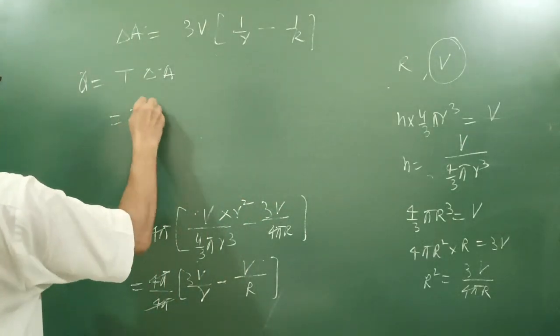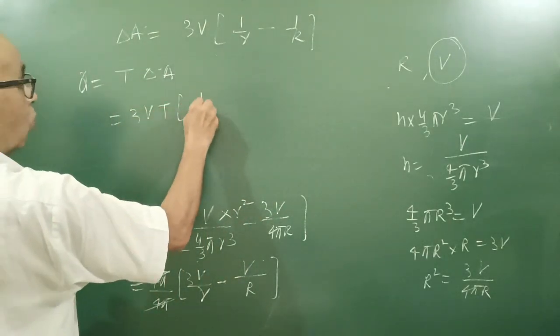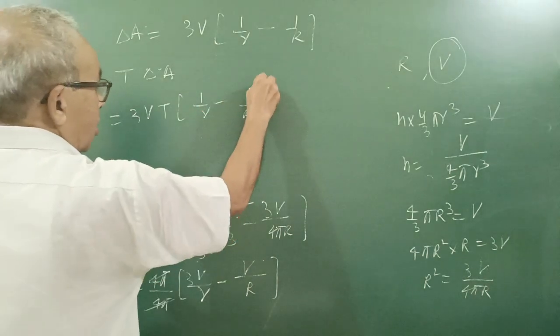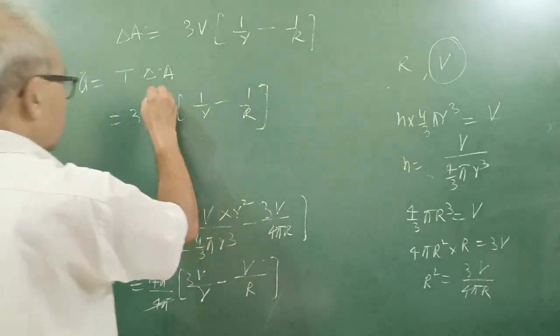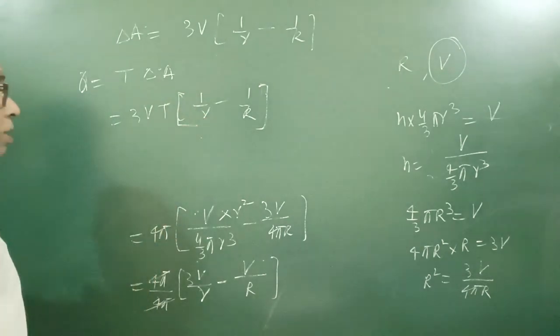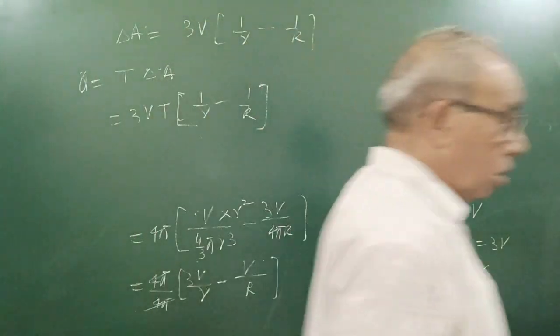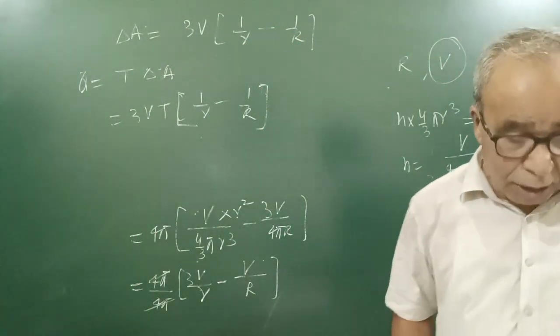So it is 3VT into 1/r minus 1/R. So this energy will be released. So this option is correct: the energy released is 3VT into 1/r minus 1/R.